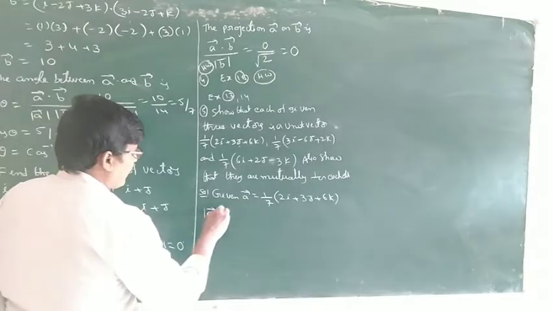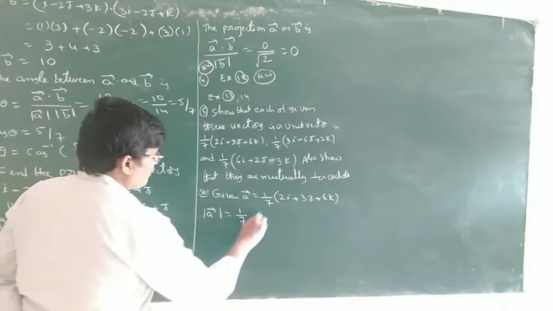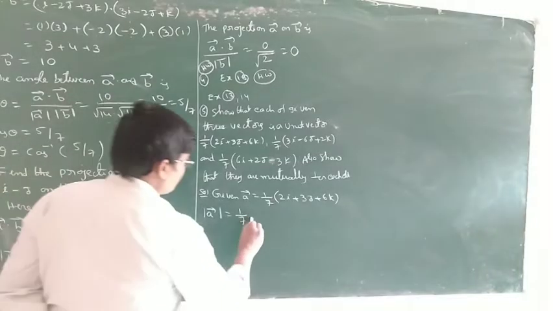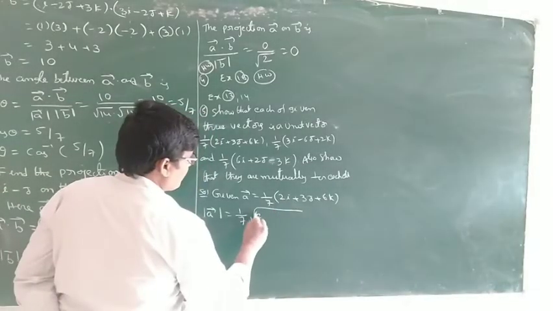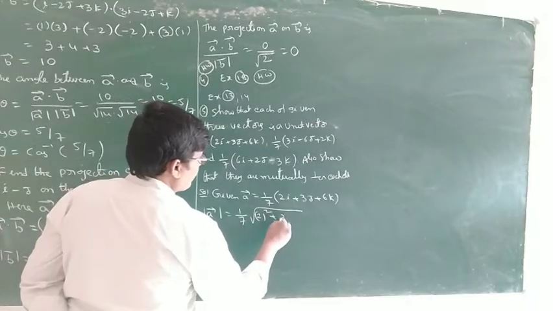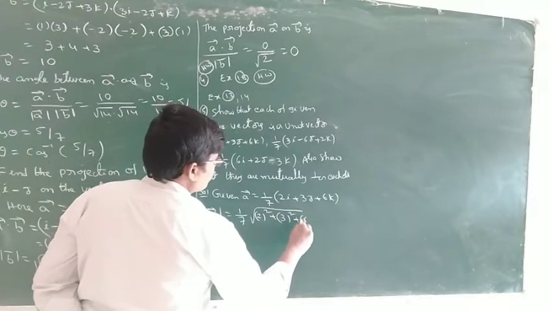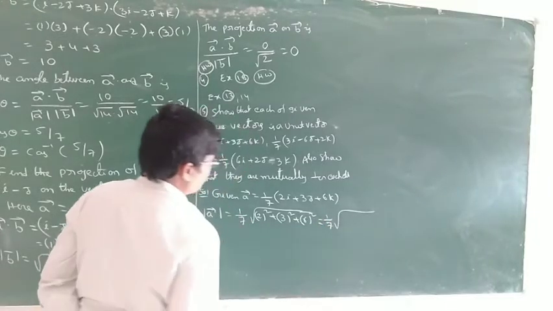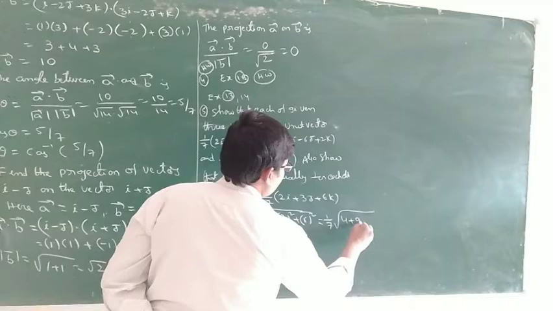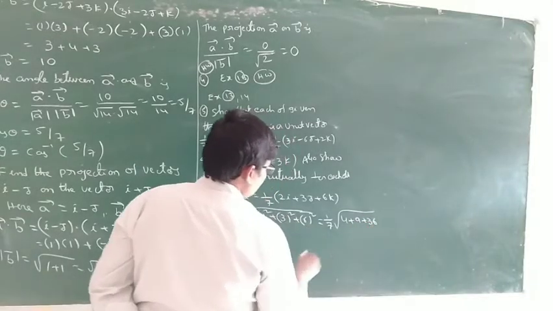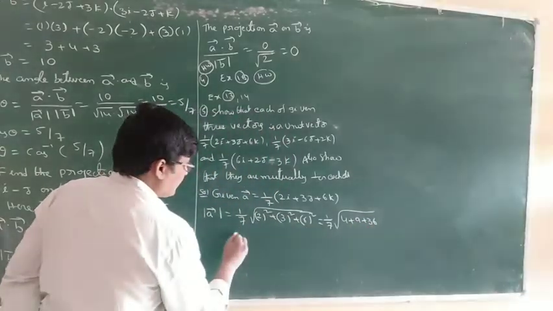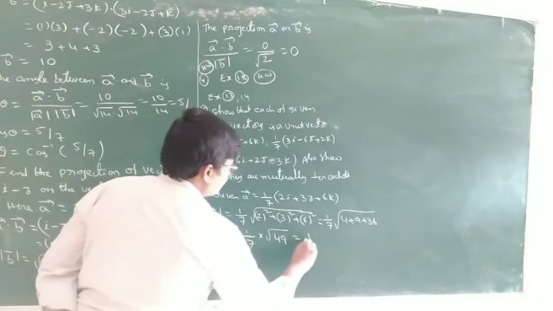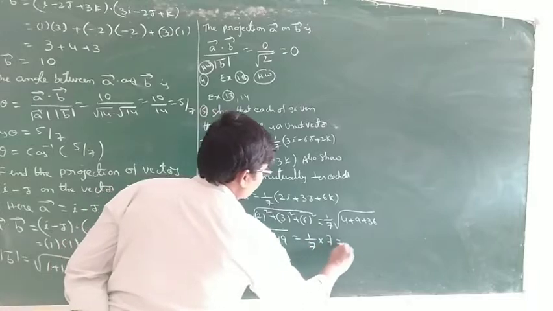Magnitude of A bar is 1 by 7 into root of 2 square plus 3 square plus 6 square, that is equal to 1 by 7 into root of 4 plus 9 plus 36, that is 1 by 7 into root 49, which is 7 by 7.